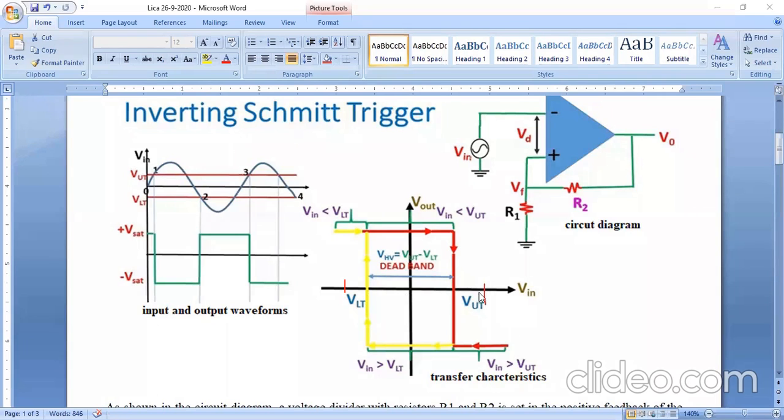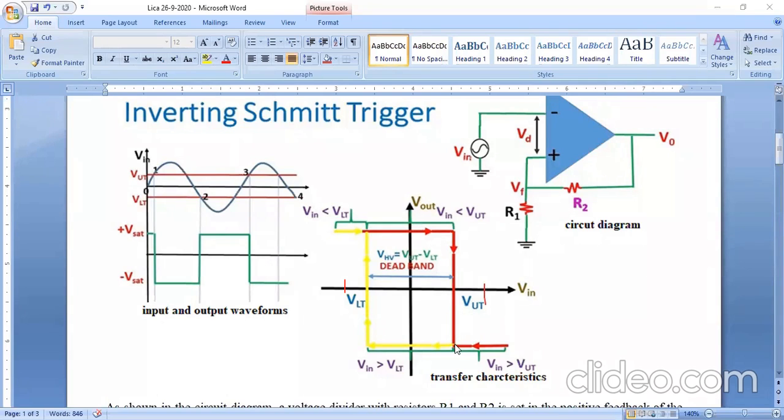That means at this particular upper threshold voltage, the output is minus V sat. After the occurrence of the upper threshold voltage, the output drops to the minus V sat condition. The output is minus V saturation until it reaches a particular lower threshold voltage.